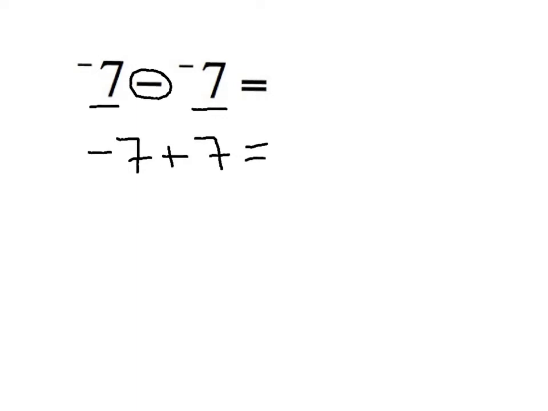Now, because I have a negative and a positive and I'm doing addition, the rules tell me to subtract. So 7 minus 7 equals 0. I've gone through the process of staying the same, changing subtraction to addition, using the opposite of negative 7, positive 7, and then using the rules of addition, with the final answer of 0.